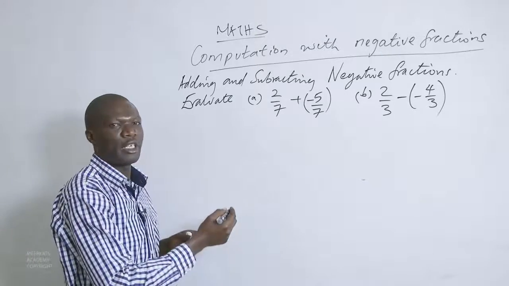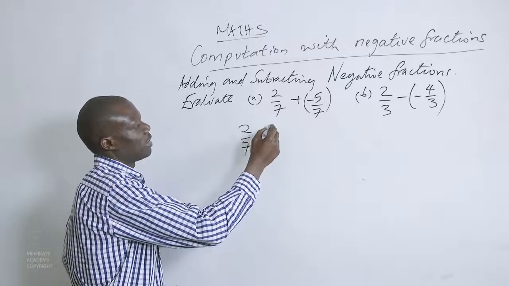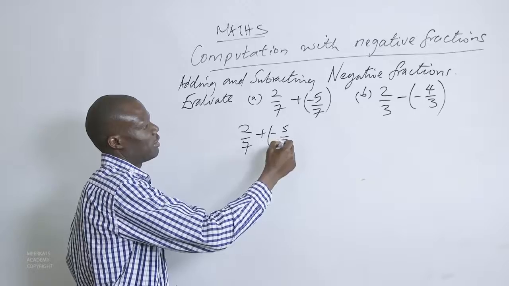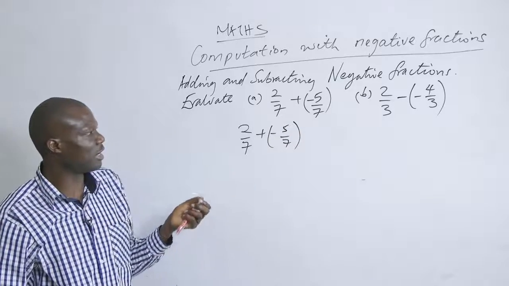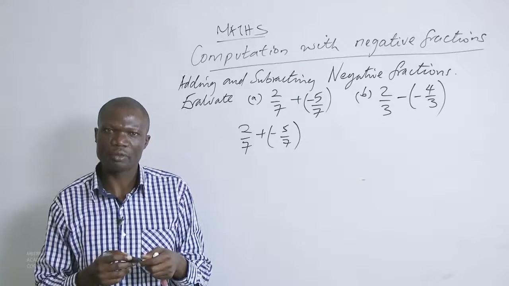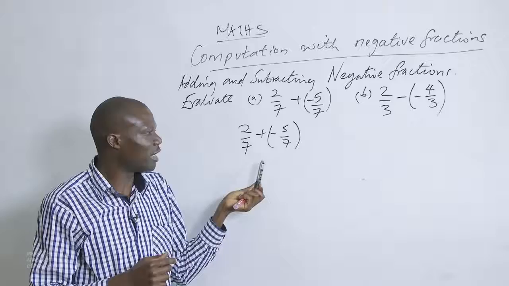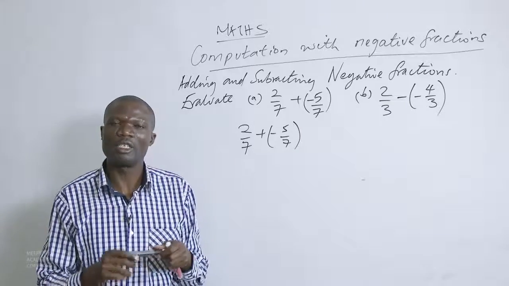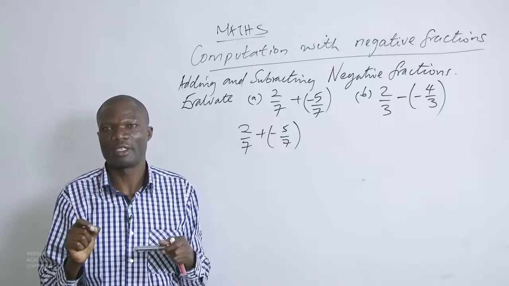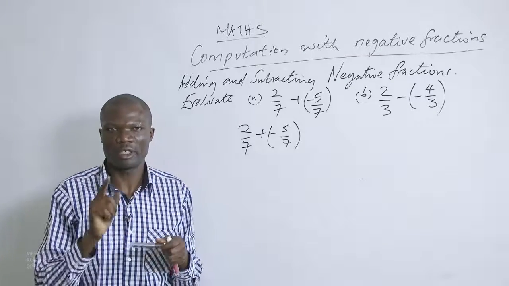So for the first case here, 2 over 7 plus negative 5 over 7, it means that we are adding a negative fraction. As we said earlier on, adding a negative fraction is the same as subtracting the opposite, right?